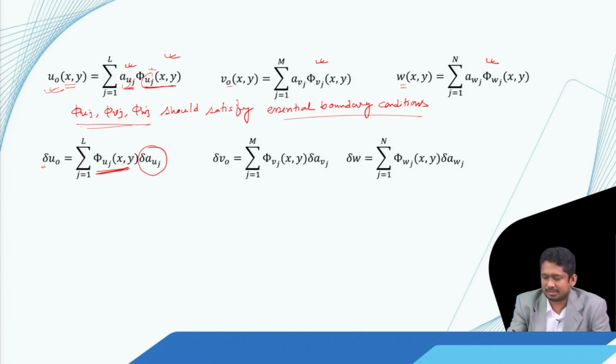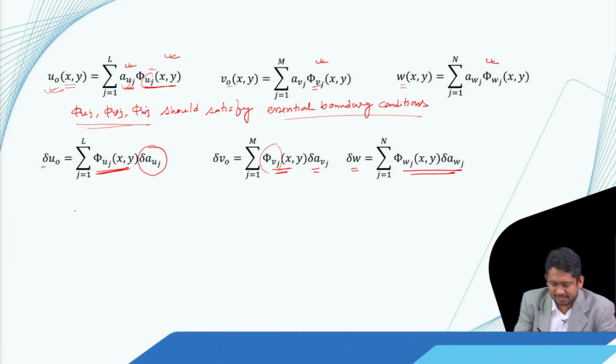Similarly, v 0 is written as this, again phi is something defined by us, so I do not vary it, that means its variation is not possible, and then we have A v j, so variation of A v j. Similarly, we have delta w is equal to this, and likewise we can define the derivatives.